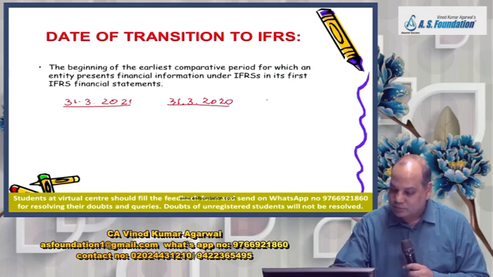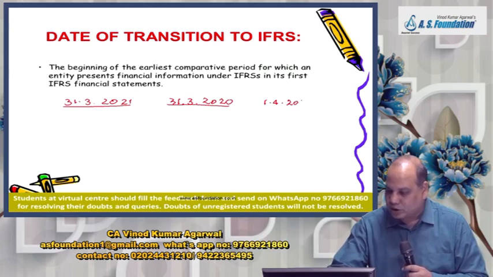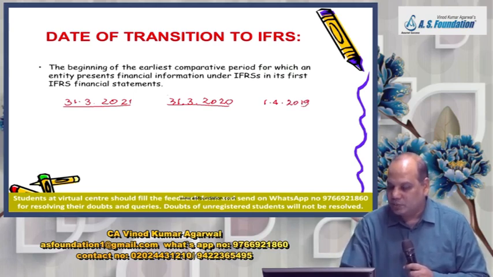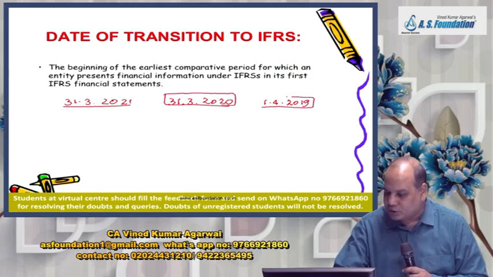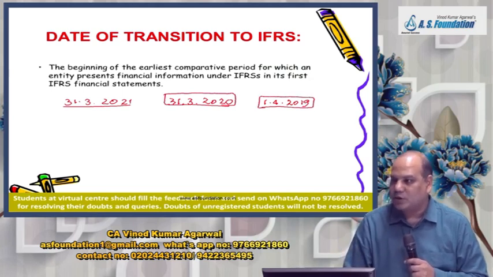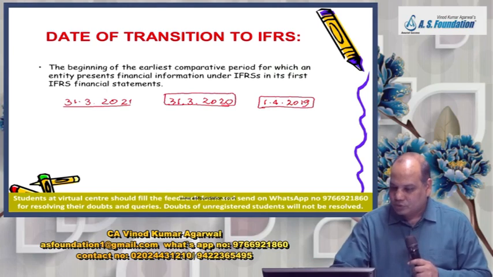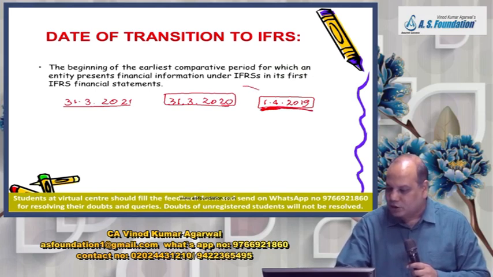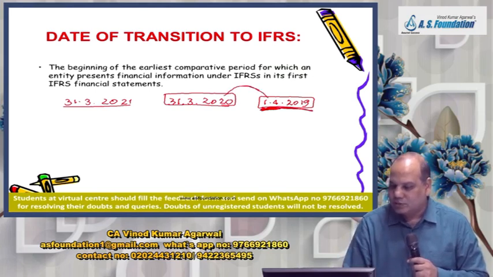For that, I have to prepare one opening SOFP. In order to prepare the comparative closing SOFP, you need to first prepare an opening SOFP as per IFRS. So this date, 1st April 2019, is the beginning of the earliest comparative period presented.